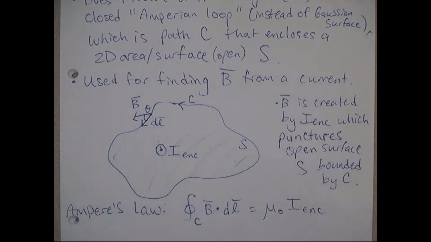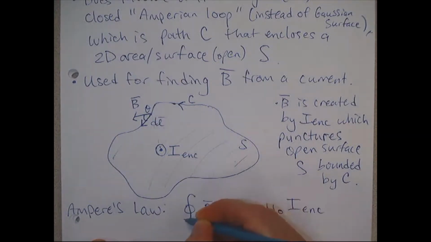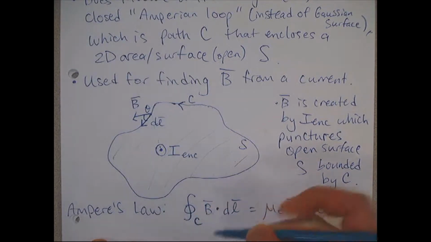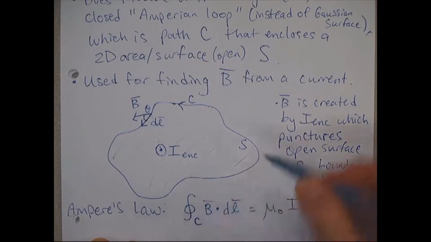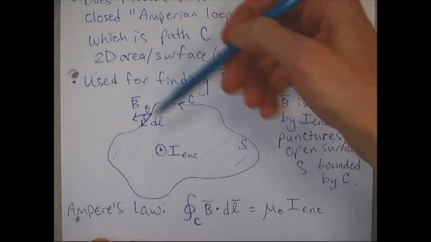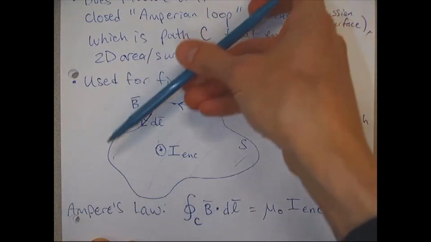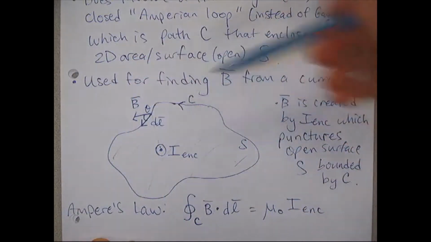So the statement of Ampere's law, which will apply here to a concrete example now, is that a closed loop integral performed on the path C. What are we integrating? What are we adding up? We're adding up the dot product of the magnetic field and the dl vector along the path around that loop.